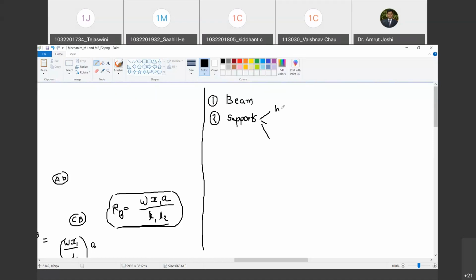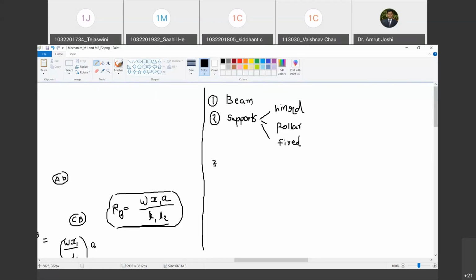So there are three types of support. One is hinge support, hinged. Then you have roller support. Are you with me? Yes, sir. And the third is fixed support. So I want you to be absolutely conceptually clear about these three supports. You can go back and listen to the earlier recording.